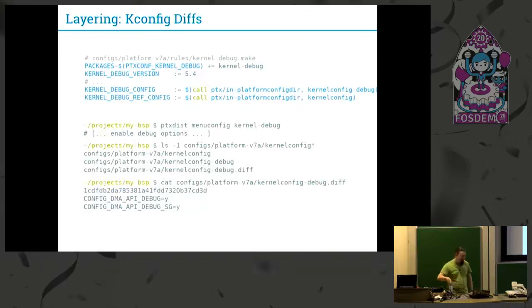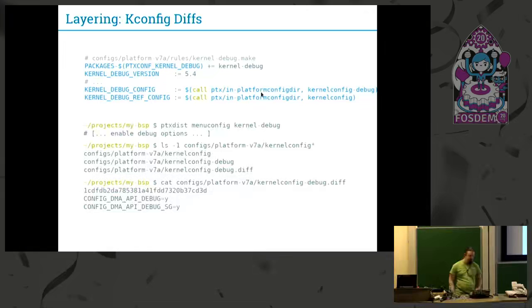A new mechanism which exists about a year now is kconfig diffs, which is basically just simple diffs on kconfig files. If you're using a custom kernel image, for example, you want to have some debug symbols in there, you set the config file to something like kconfig debug, which is living in the platform config dir as earlier.